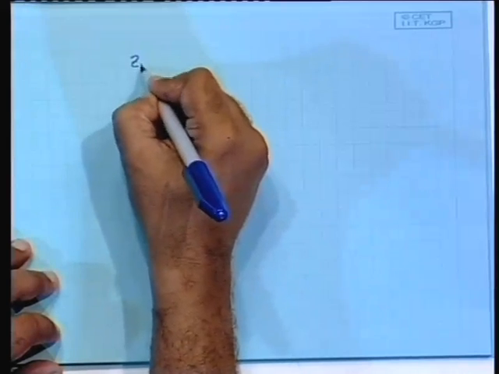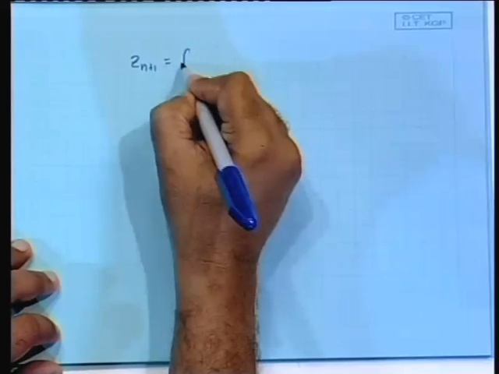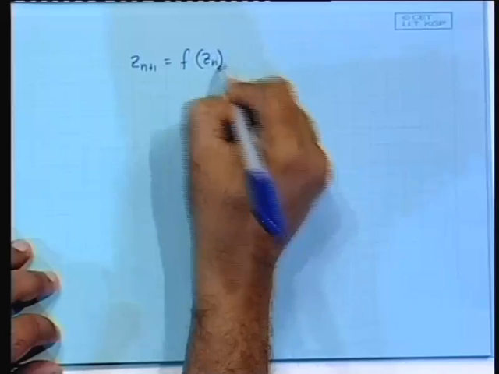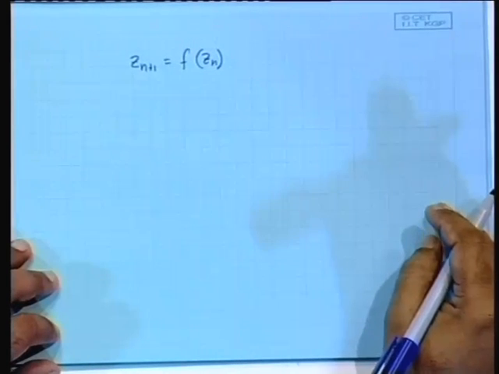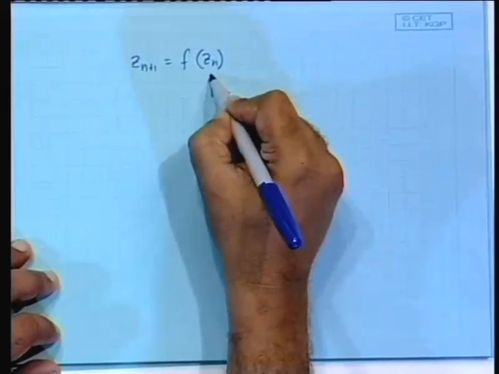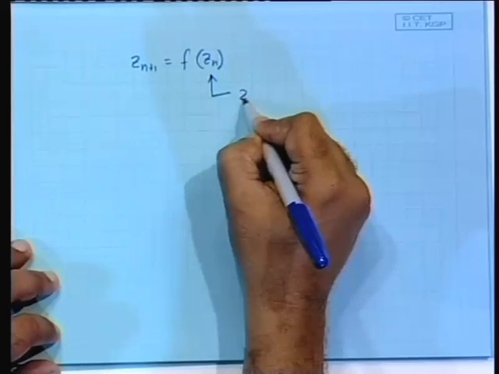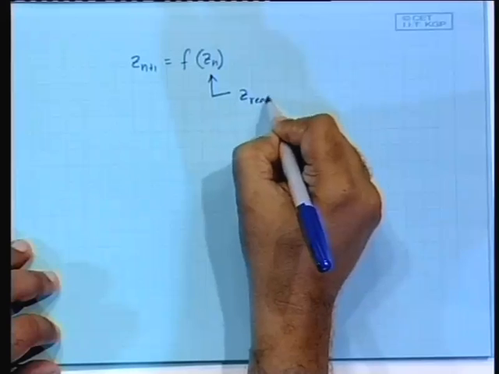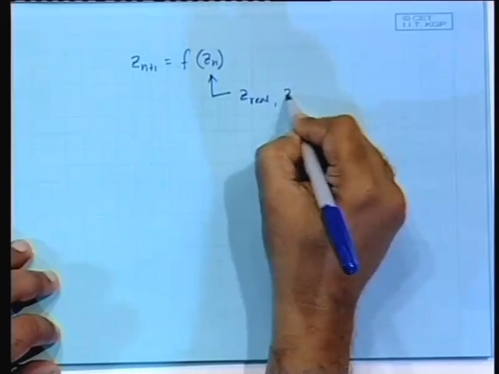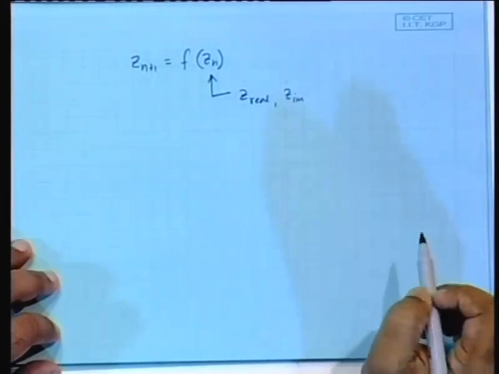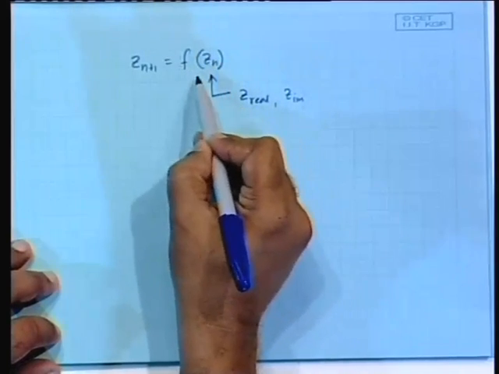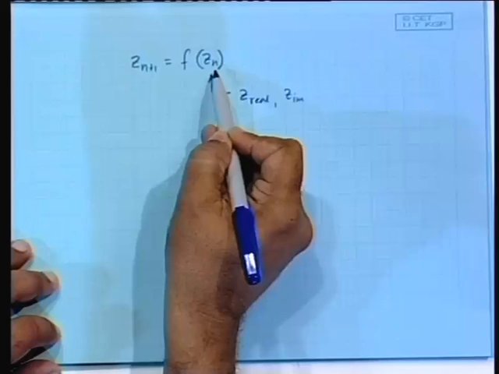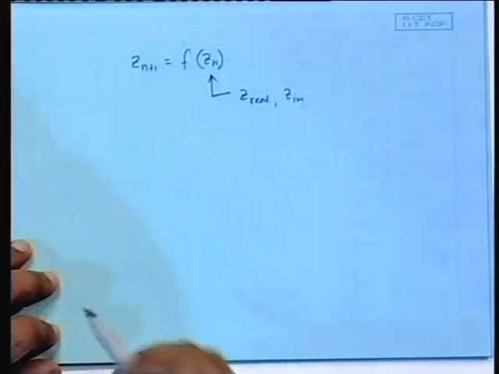So we will define it as Z n plus 1 is a function of Z n, where this Zn is nothing but Z real and Z imaginary. So there are two components of the Z, and you define a function which takes that particular point in the complex plane to another point in the complex plane.